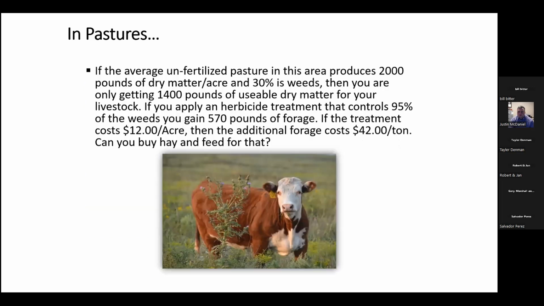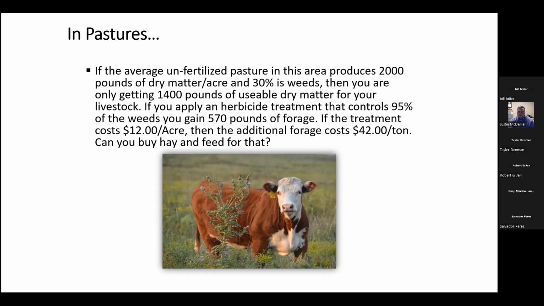Looking at it from an economic standpoint, if you consider an average unfertilized pasture producing 2,000 pounds of dry matter per acre, if 30% of that is weeds, then you're only going to get about 1,400 pounds of usable forage in your pasture, right? If you apply a herbicide treatment that controls 90% of those weeds, you can gain an additional, in this example, 570 pounds of forage.